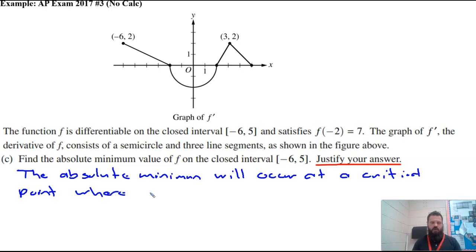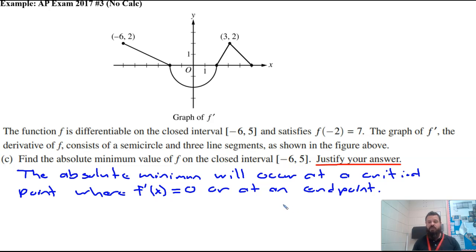Critical point of what? That's going to be where f prime of x is equal to 0, or at an endpoint. Okay, so that's my justification. That's essentially my extreme value theorem.